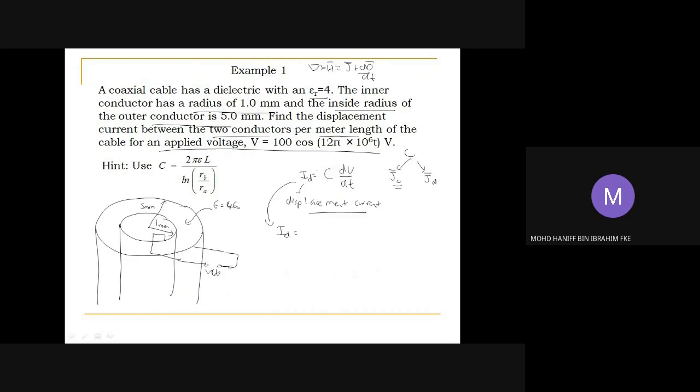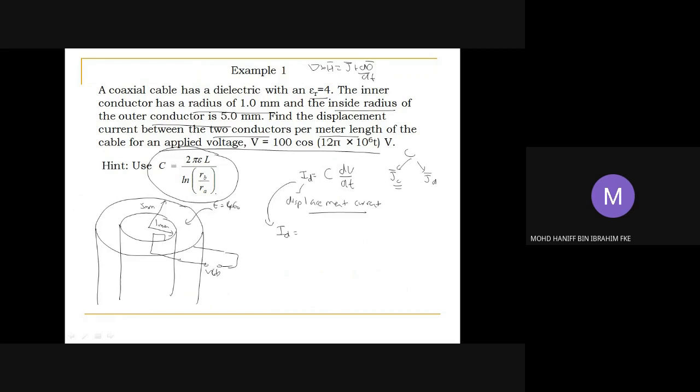We are given C here, because C is the capacitance for the case of a coaxial cable. I don't have to prove this; you can prove it on your own, as we have done in our lectures in chapter 5.